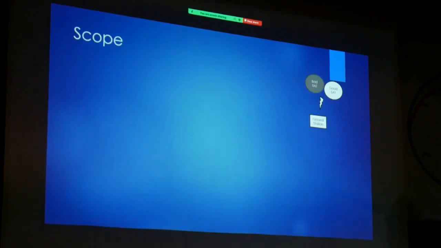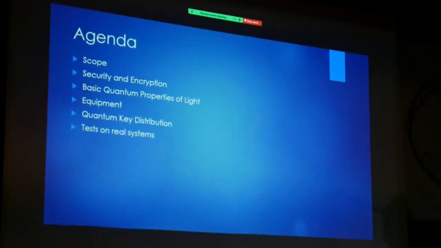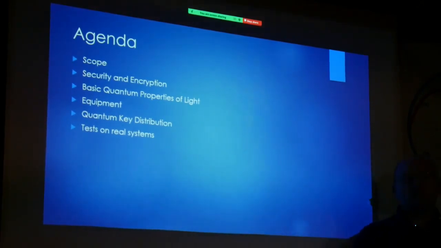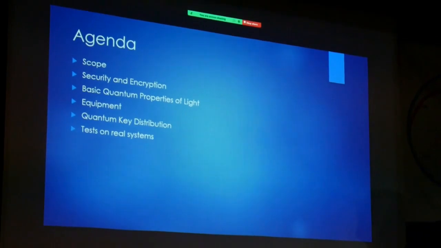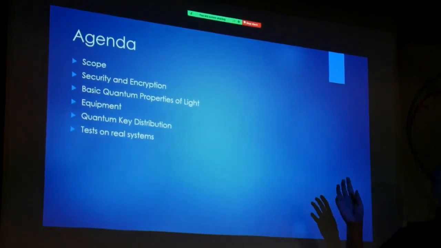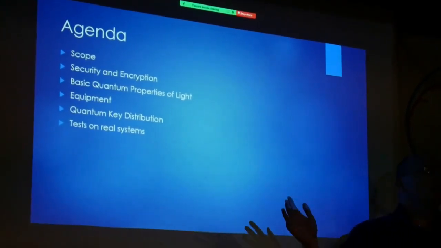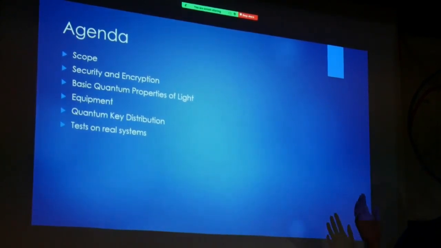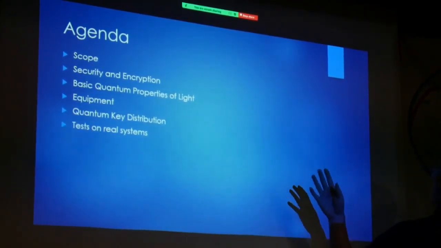So what we'll just talk about quickly is, I apologize, I hope everyone can read that. The scope of this talk: we're going to talk a little bit about security and encryption, just to set the stage. Most people know a lot of this stuff. I will talk a little bit about the quantum properties of light, because they are so important to the way that this will work.